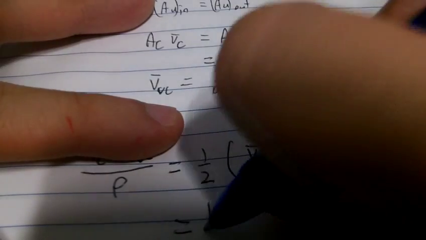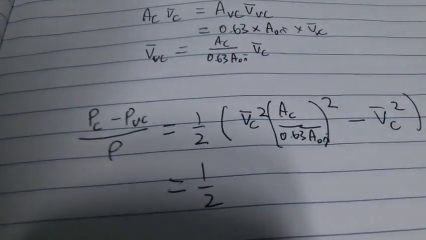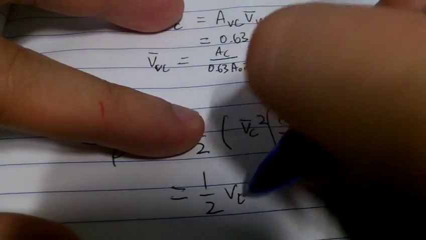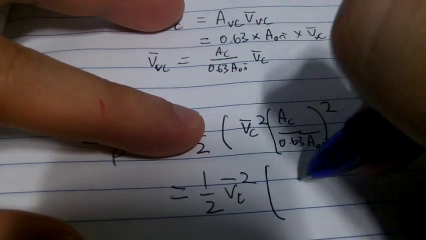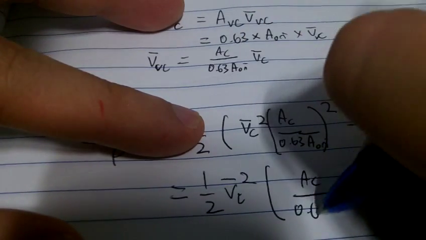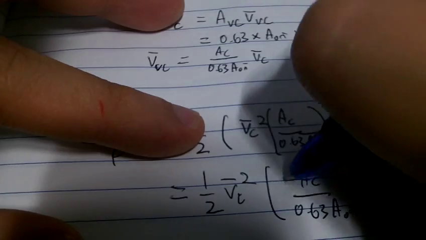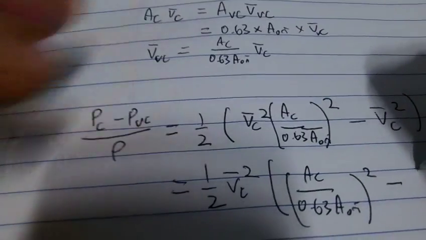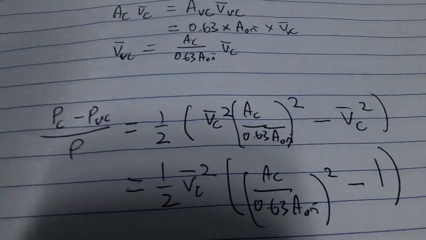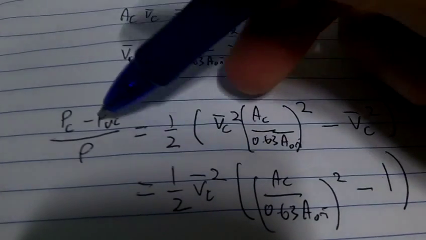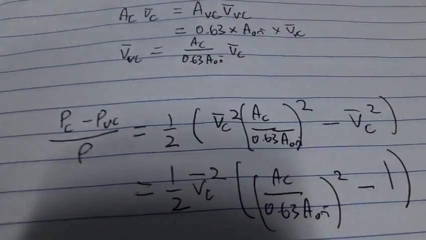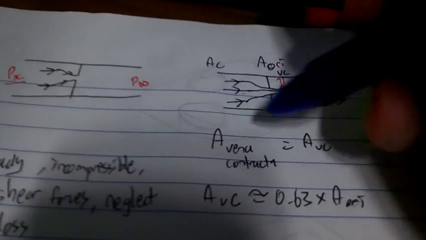Let's take the common term out. Half V_VC squared times A_C over 0.63 A orifice squared minus 1, and that will be the expression for the pressure drop before entering the turbulence region.